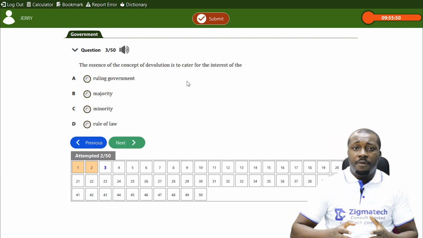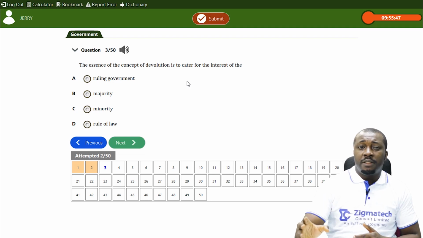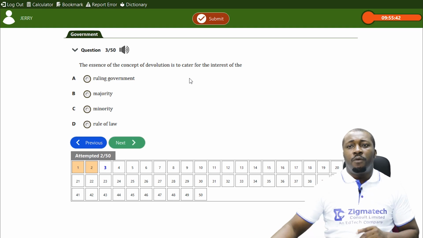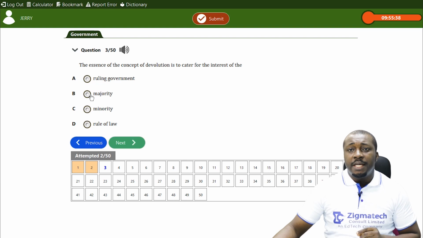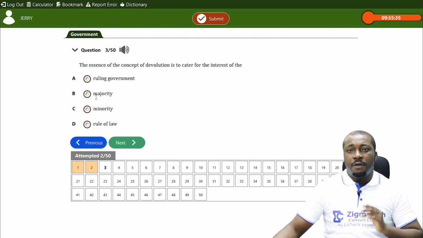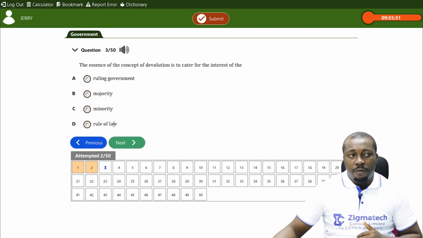So the component units are given some level of autonomy to make some decisions that affect them. Now, which one does it cater for interest? Is it the ruling government? No. Is it majority? Is it minority? Is it rule of law? A says ruling government, B says majority, C, minority, D, the rule of law.